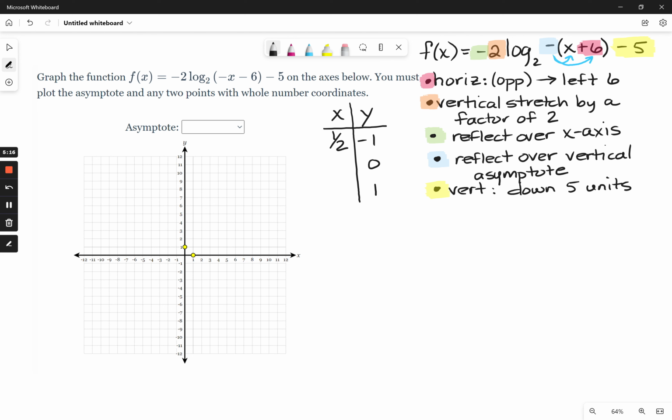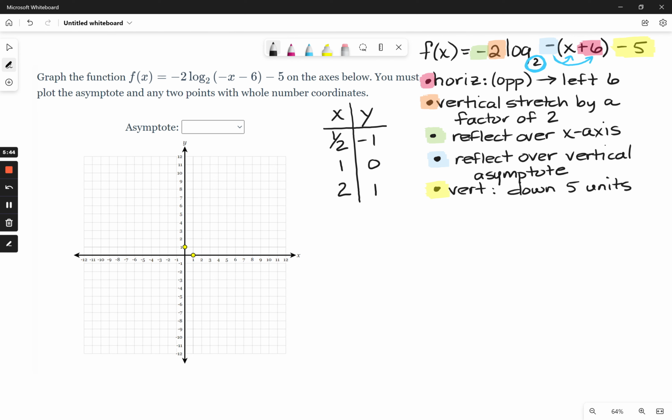So remember, the 2 is coming from, I'm going to circle it right here. That's what you're using, okay? So you take the reciprocal of that number, and it's a 1/2. For my 0 y coordinate, my x is going to be a 1. And then for my 1 y coordinate, you are going to put the actual base. In this case, it was a 2. So that's the parent function critical points.